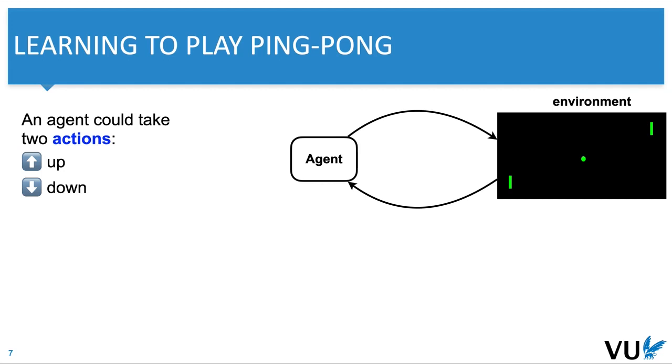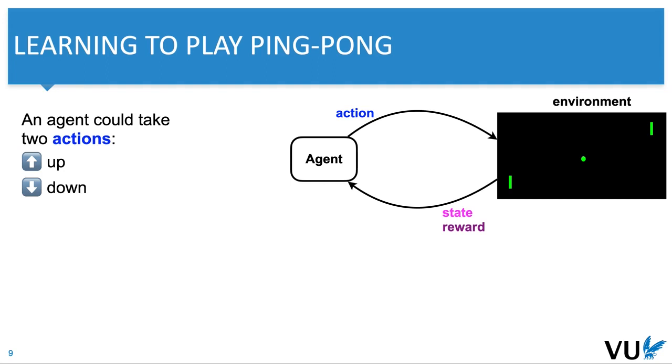So we have an agent. It can make two actions, going up or going down at a given time step. And we have, of course, the environment, where we have some states of this environment, such as where the ball is, where the opponent is, and so on. But mainly, let's say that we are focused on looking at the ball. The agent takes some action, and then the environment returns a state and a partial reward, or a reward in general.